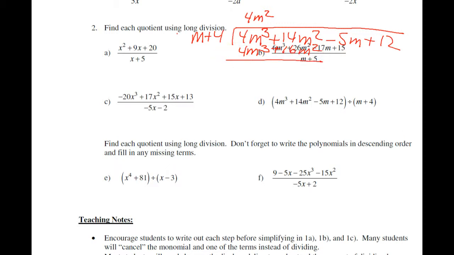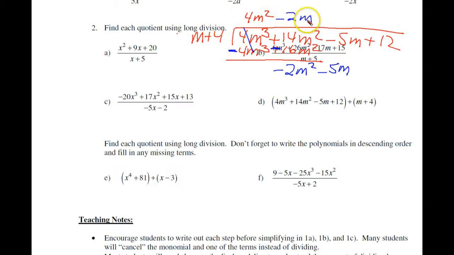Put a line and what? Change the signs. This is 0. This is going to be a negative 2m squared. Bring this down. And again, we're going to divide m into that, so that's going to be a negative 2m.